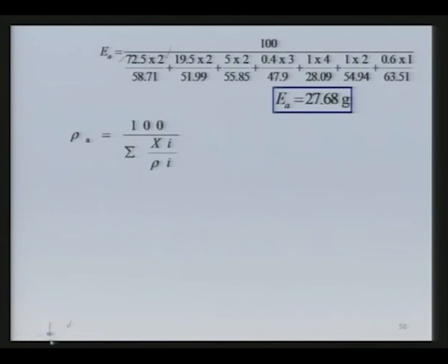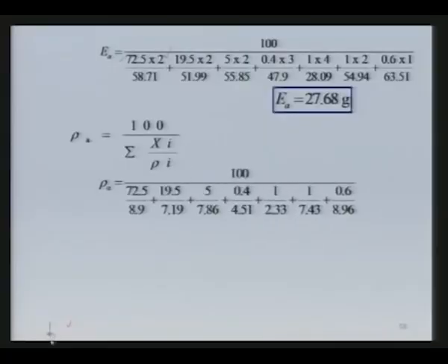In the same way, we have the equation for calculating the density of the alloy, that is 100 divided by summation x_i over rho_i. Rho_i is the density of the ith element, x_i is its percentage contribution to the alloy. Substitute the values and take the density from the previous table that is given in the problem.